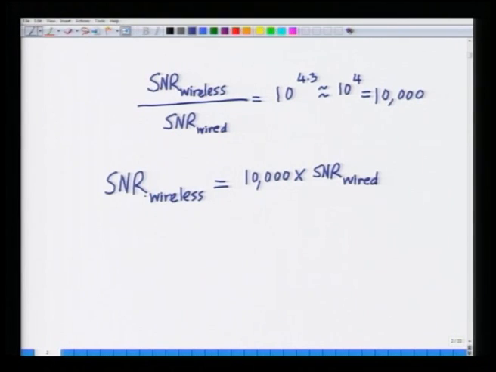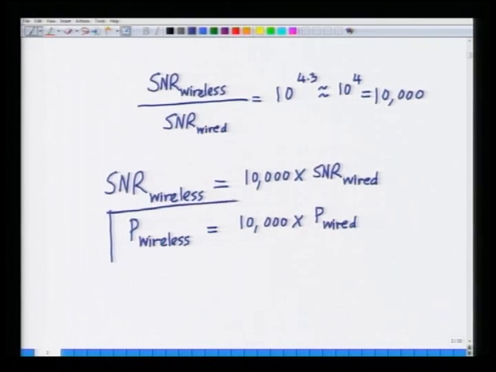Now, the noise power sigma n squared is same, which means this implies the transmitted power of a wireless system equals 10,000 times the transmitted power that is necessary in a wired communication system.